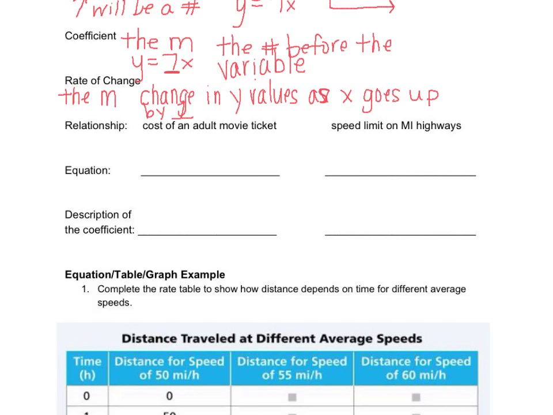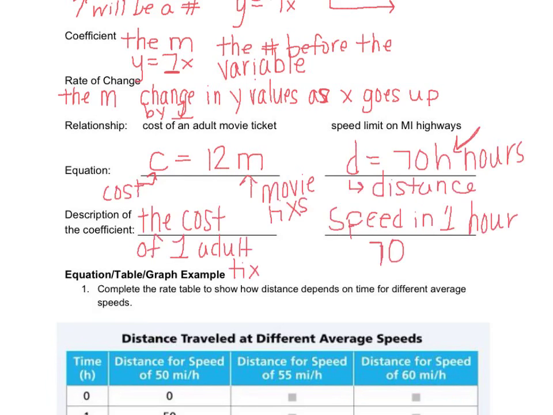So the equation that I'm going to give you is that C, or the cost, is equal to 12m, where m represents the movie tickets. And it is always important to know what your variables represent. So I would like you to label C.